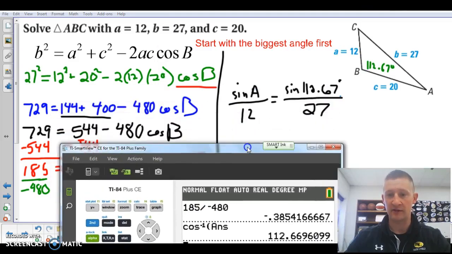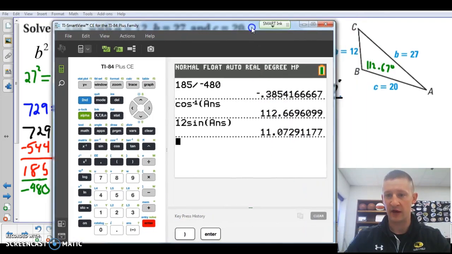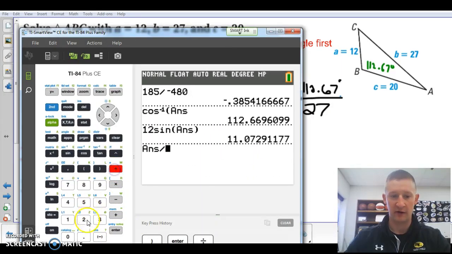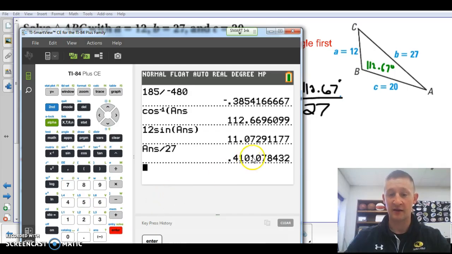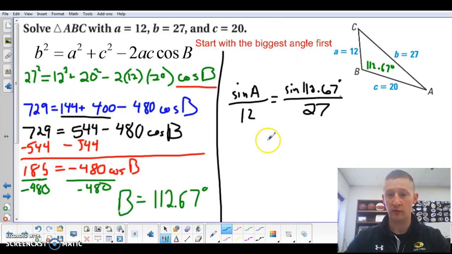So as we cross multiply, we're going to take 12 times the sine of that angle, I'm even going to use the previous answer because it's right there, equals that decimal. And we're going to divide that by 27. And remember, that's what the sine of angle A is equal to. So now we're going to use the arc sine of our previous answer. Arc sine of that decimal gives us 24.21. So 24.21 would be the measure of angle A.